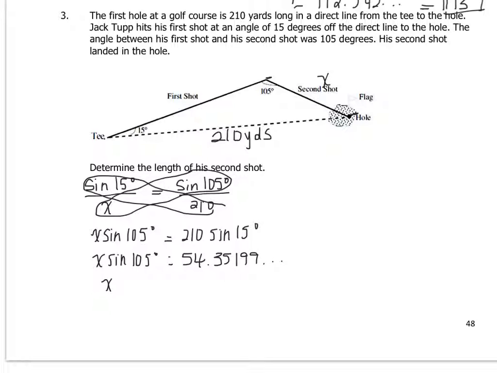So x would equal 54.35199, and so on, over sine of 105.